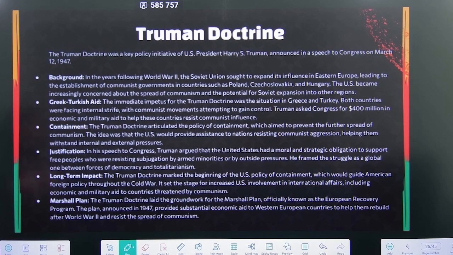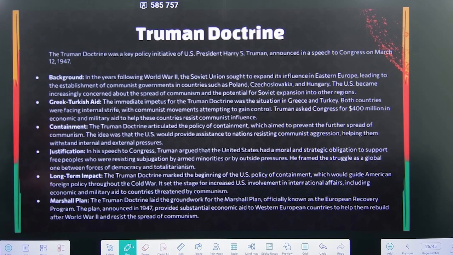The US stepped in and helped Greece and Turkey. Remember, a while ago I told you that Eastern Europe was all taken by the USSR, but Greece and Turkey were not, because the US immediately put the Truman Doctrine over there, and it saved Greece and Turkey.